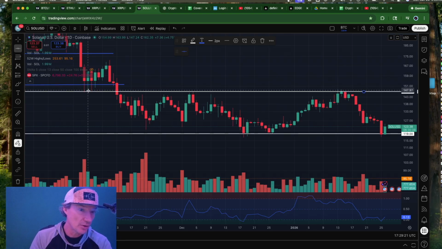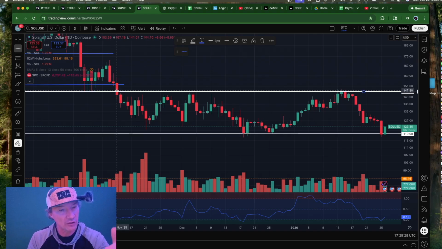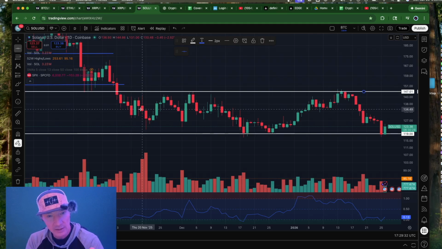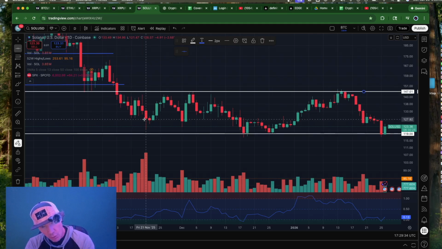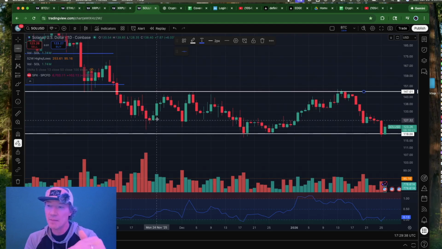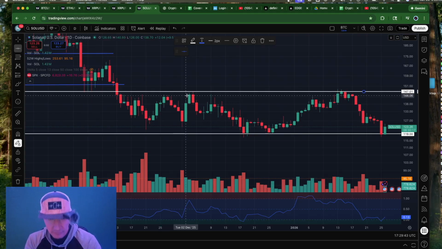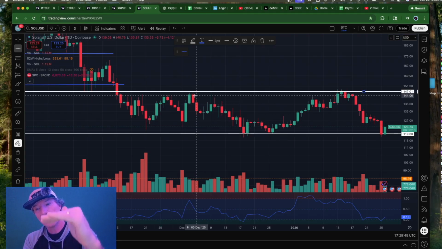Prior to December, this was acting as a support line, and it would bounce up. As soon as it crossed over that support line, look what happened. The price action moved down to find a new support, which is our 119. We came back up to our 147, and it bounced off. Came back up to 147, bounced off.